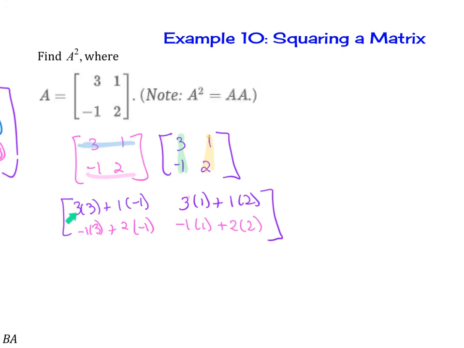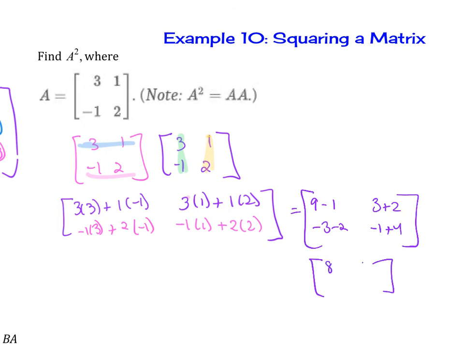So my top row, the first numbers are 3 and 1, 3 and 1, and the bottom one, it's -1 and 2, and that's true. And then each column, 3s, -1s, 1s, and 2s, so I did it correctly. It's very easy to make a mistake on these. So this is 9 minus 1, and then it's 3 plus 2, -3 minus 2, and -1 plus 4. And so the result is 8, 5, -5, and 3.